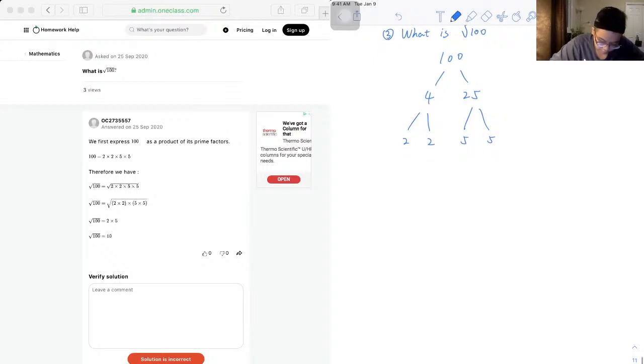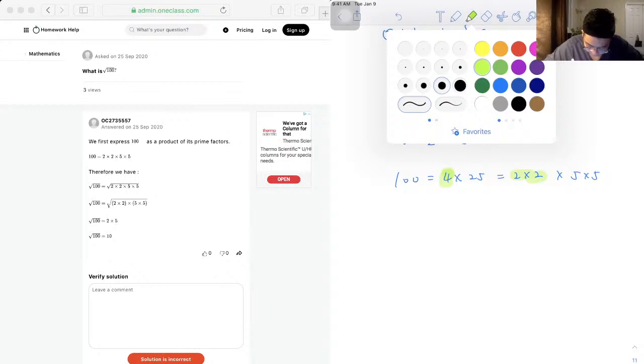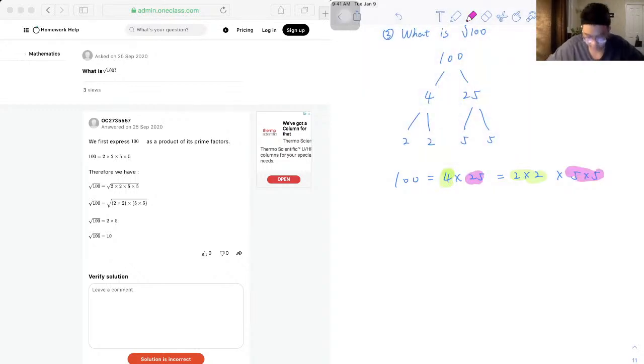Therefore, root 100. So 100 can be written as 4 times 25, which is also equal to 2 times 2, which is from the 4 part, times 5 times 5, where the 5 is coming from the 25 part.